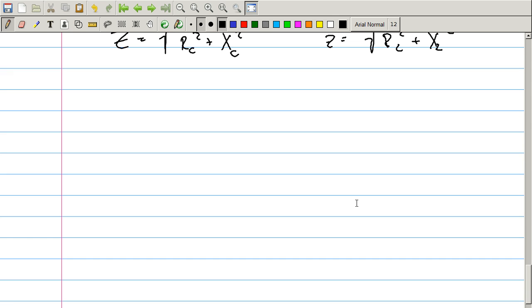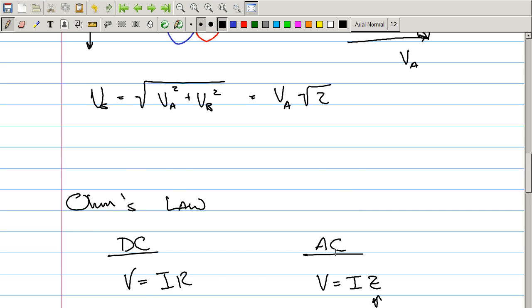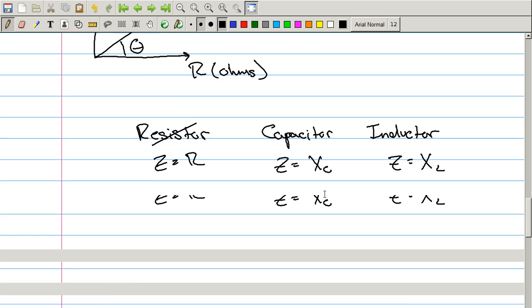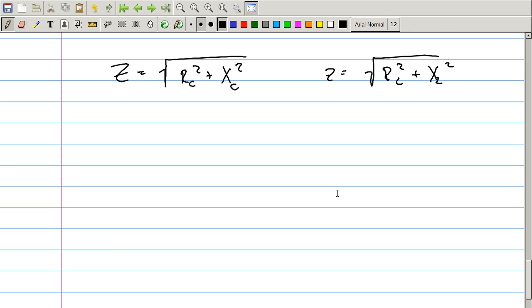And that's how Ohm's law translates to AC. Now comes the complicated math bit. This is an extreme oversimplification of Ohm's law for AC. Ohm's law for AC actually looks like this. I'm going to ignore the magnitude for just a moment.